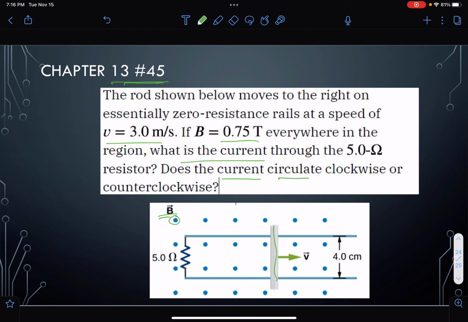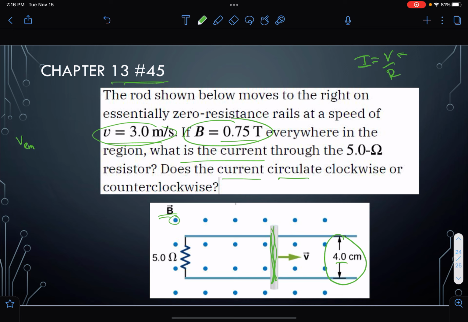Okay, so first of all, once again, we're going to get our current from Ohm's law, but we need to first figure out what our voltage is. So knowing that we've got V, we've got B, and based on our diagram, we know L, this length here, is 4 centimeters.